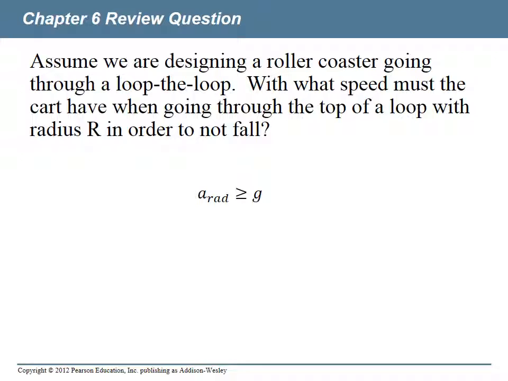Which is equal to your radial acceleration, or v squared over r. And so put in an inequality, set that up, solve for the normal force, and then find an inequality so the normal force is greater than or equal to 0. And tell me what the radial acceleration has to be.